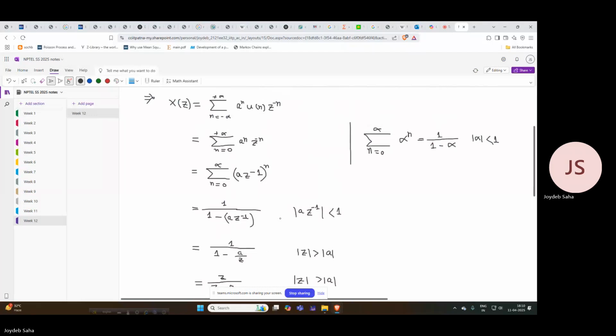Please have a look at the solution. Take 2-3 minutes. If there is any doubt, please ask any queries, and then we will proceed for the next problem.